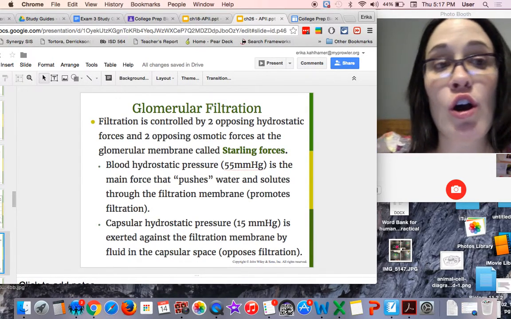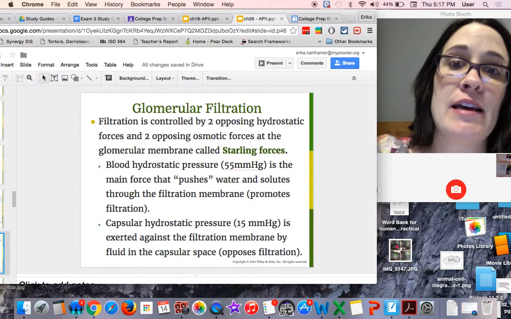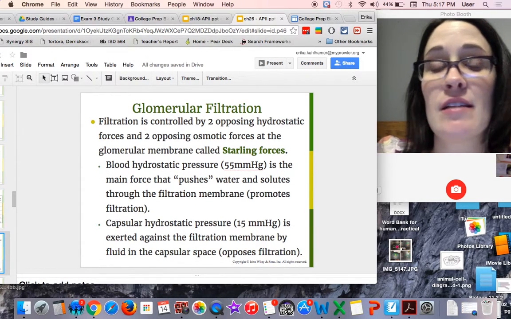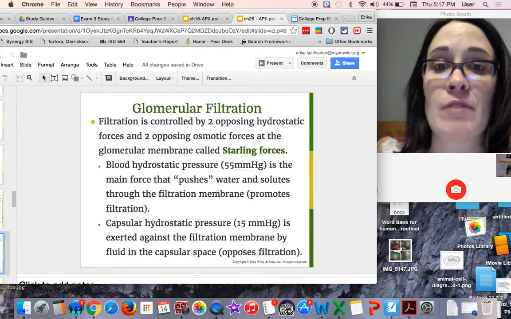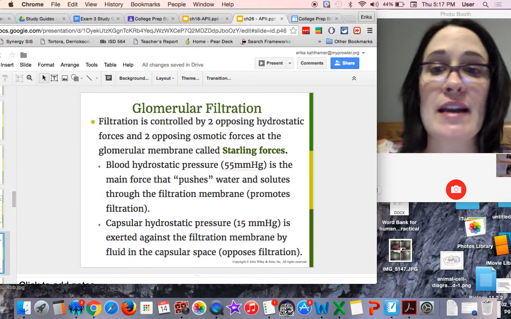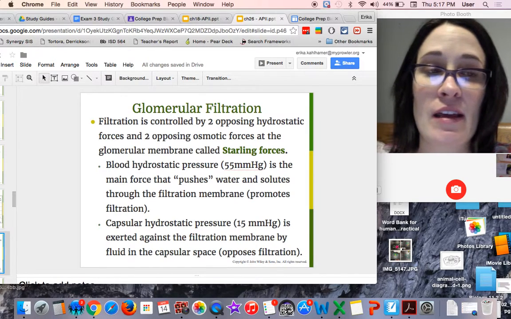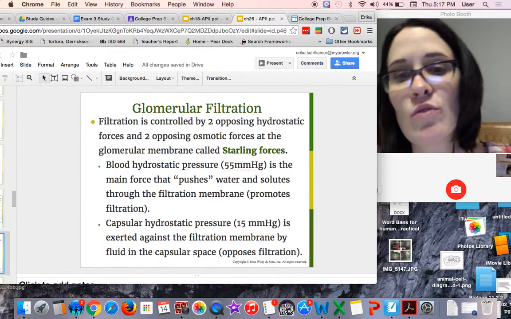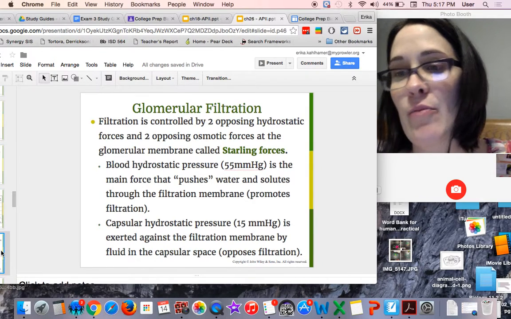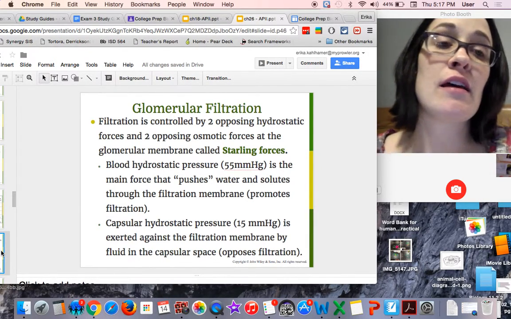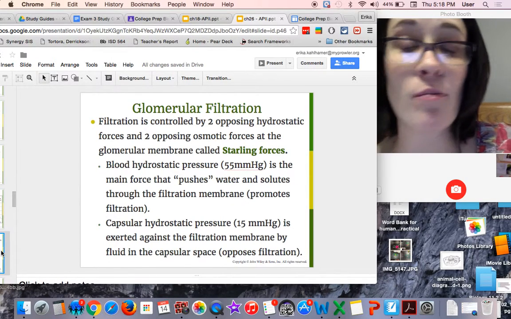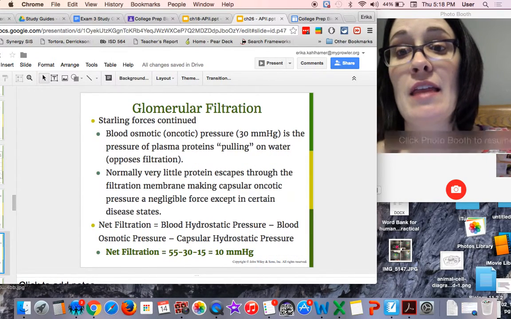What controls filtration is essentially two opposite hydrostatic forces or osmotic forces that push water in and out. Actually out in this case, and we'll talk more about that when we get to advanced physiology. But all you need to know right now is it's forced out via pressure in that capsule.